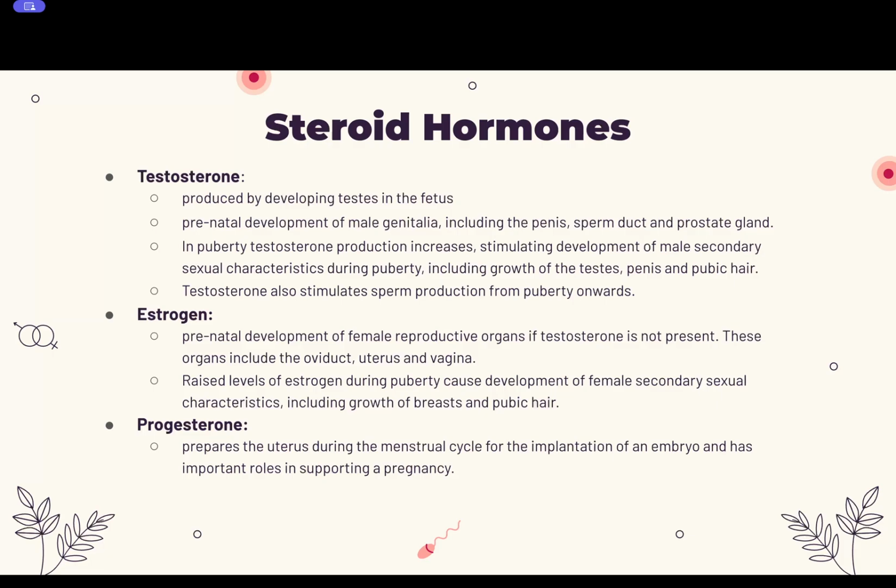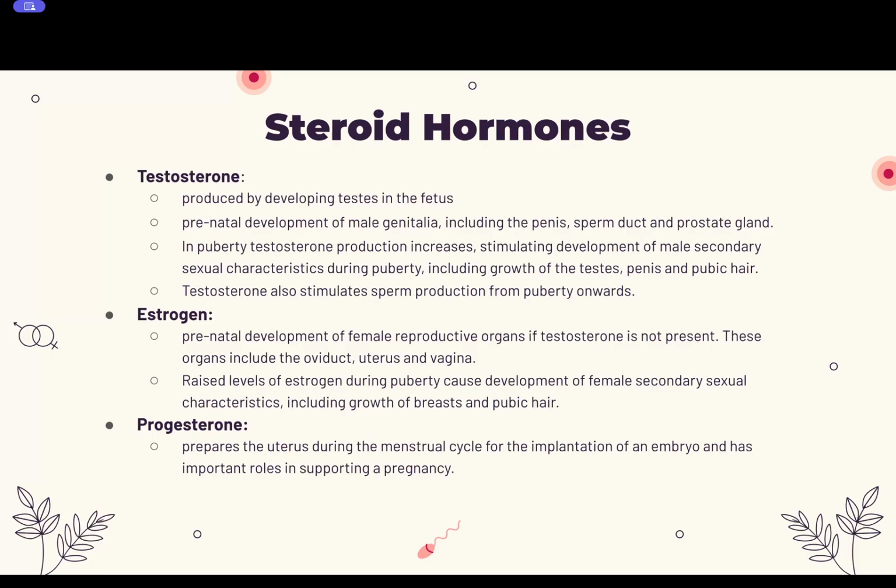Estrogen is also produced by the fetus, but in females. It causes the prenatal development of female reproductive organs if testosterone is not present. These organs include the oviduct, uterus, and the vagina.